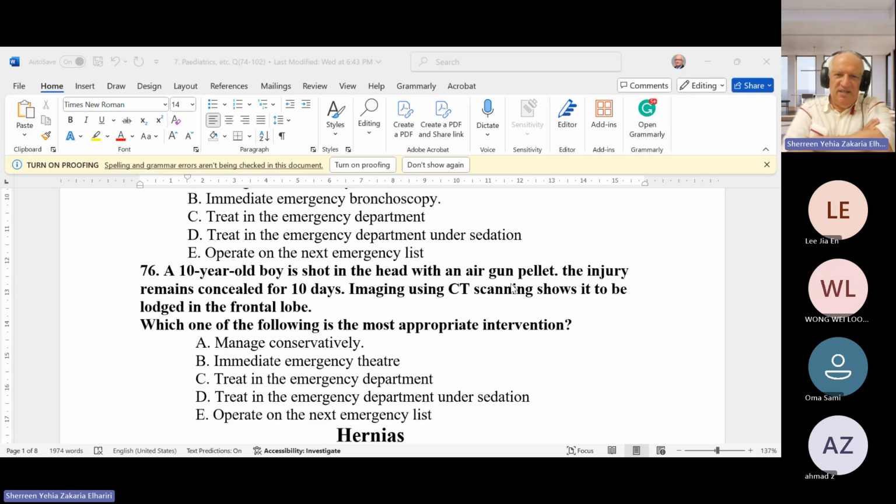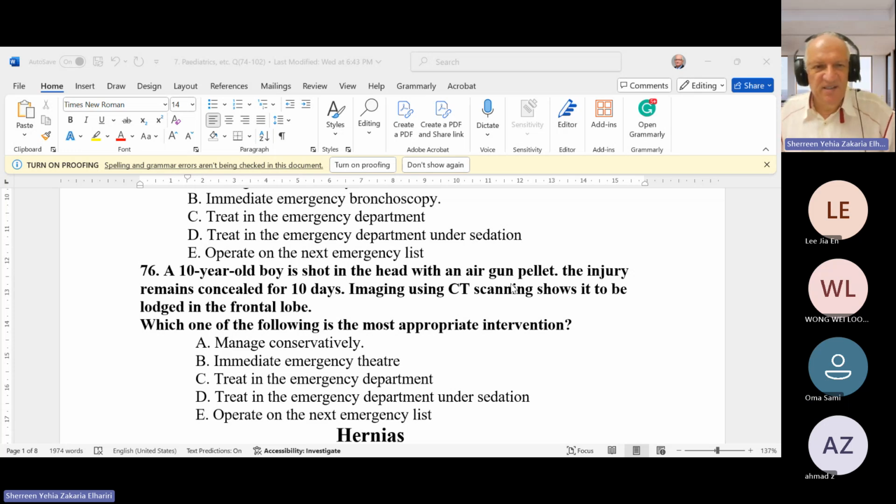So an air gun pellet does not have high penetration power or an explosion effect. The injury remained concealed for 10 days. A CT scan shows it is lodged in the frontal lobe. Of course, the frontal lobe has no motor or sensory function, although it has something related to memory and psychiatry. What is the most appropriate intervention?